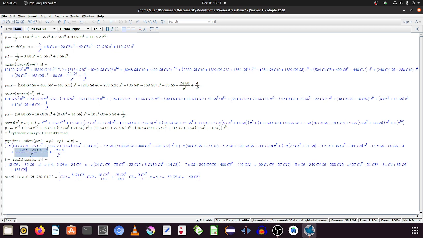I think it was 64, etc. This equation gives C, and the constant term here will then give D. The next term here, z squared, introduces G8, so we can find G8 from that, G10 from this, G12 from this.